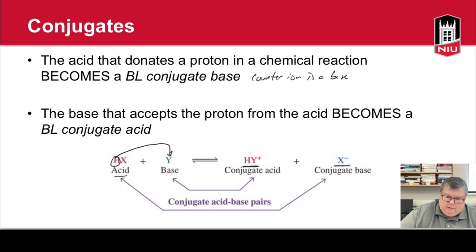The acid and the conjugate base are related. They're what we call a conjugate acid-base pair. And the base and the protonated conjugate acid are also a conjugate acid-base pair. Okay?